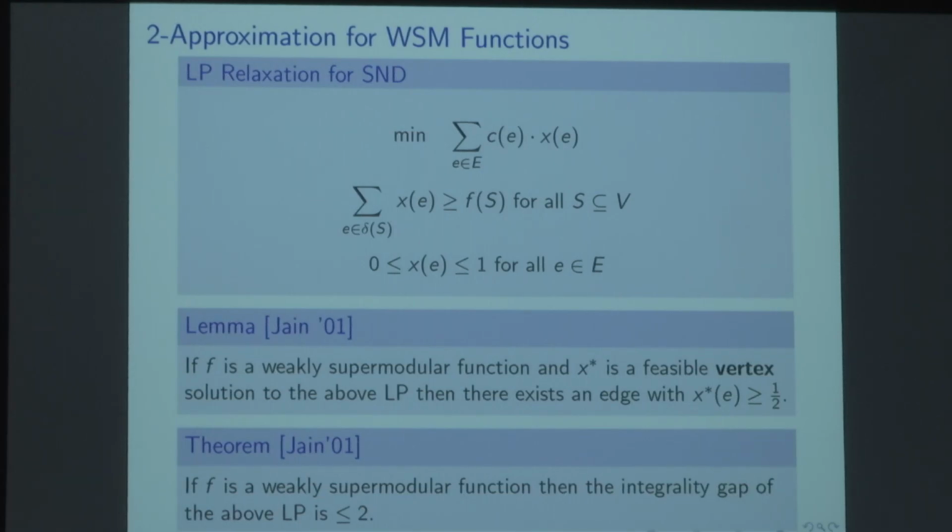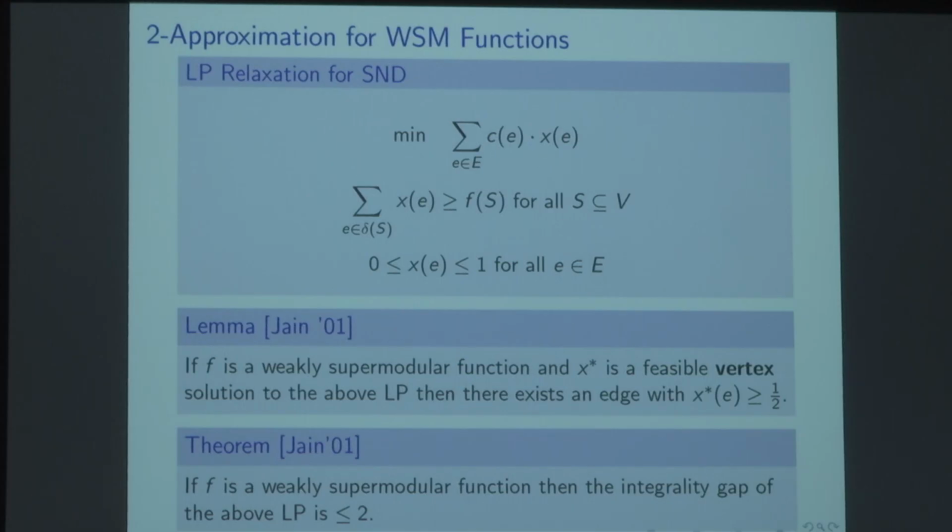So what is known about this problem? For the standard network design problem, this is the LP. You want to minimize the cost of the network given the cut requirements. Jain actually gave a very nice 2-approximation algorithm which started this whole area of iterative rounding. What Jain showed was that for any feasible vertex solution to this problem, there is at least one edge in the solution which has a value of at least half.